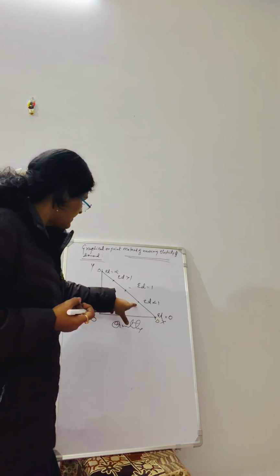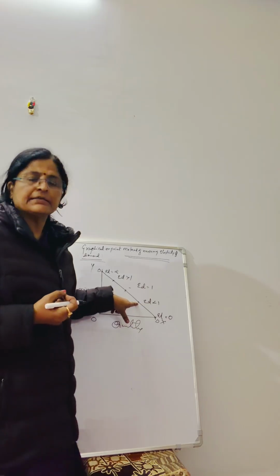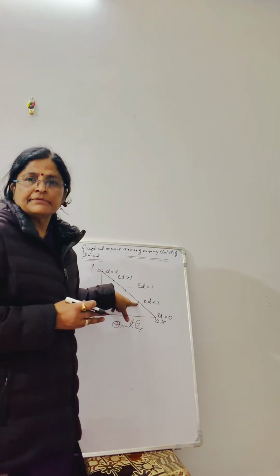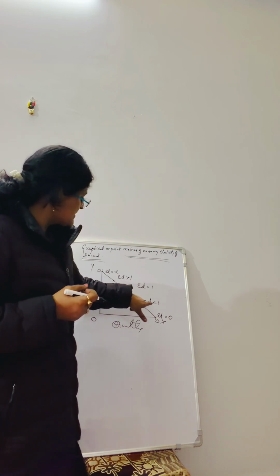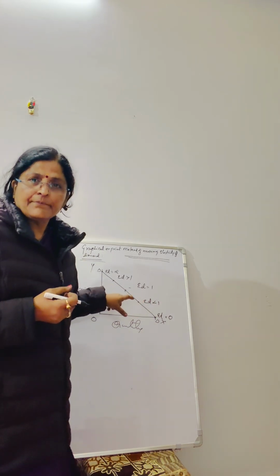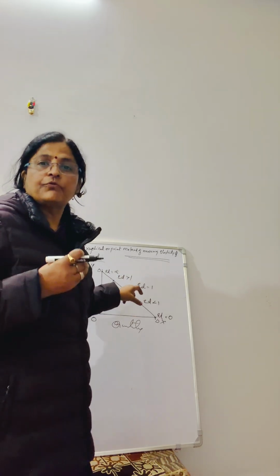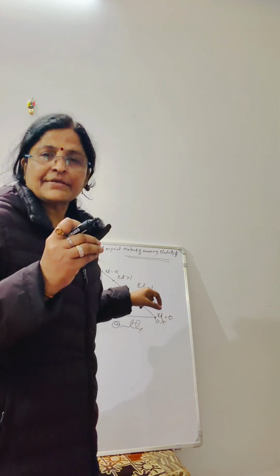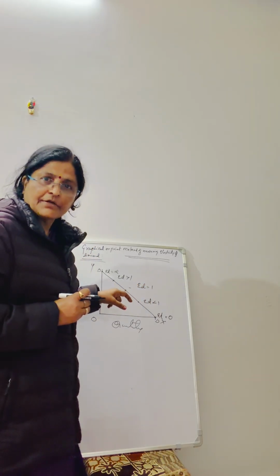Now coming to the lower side of the demand curve, here it is ED is equal to less than 1, where a 10% decrease in the price of the commodity will lead to only a 5% increase in the quantity of the commodity.